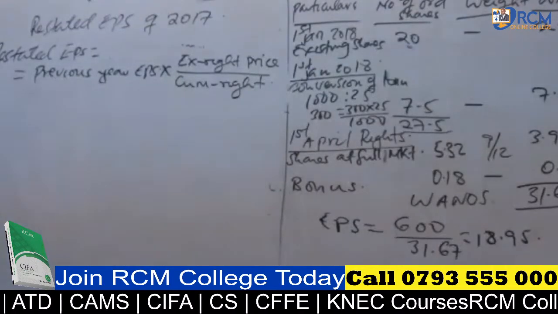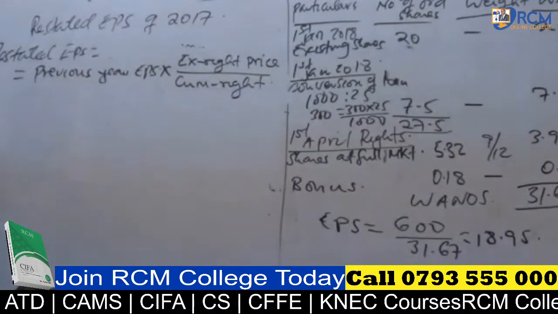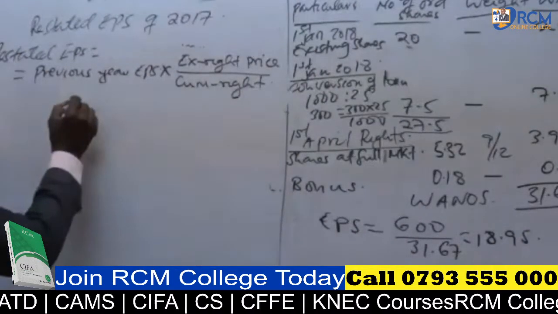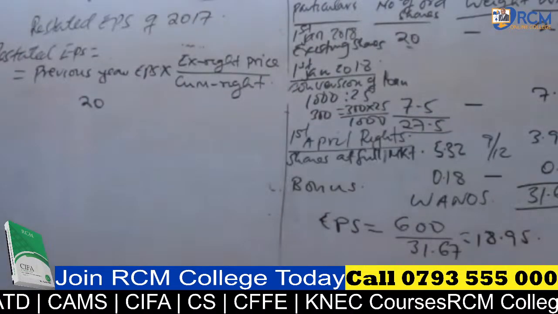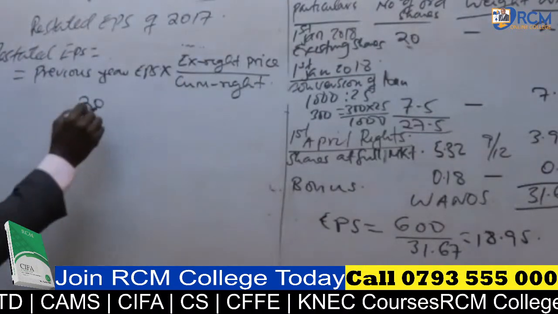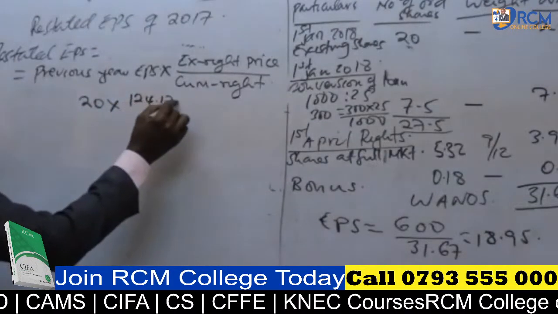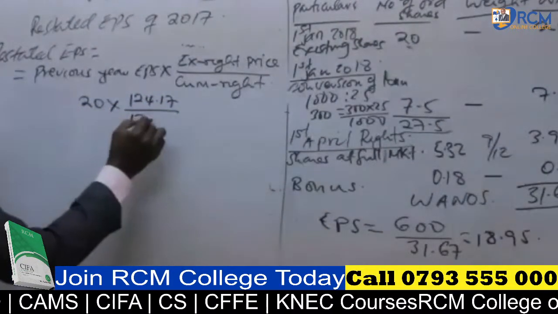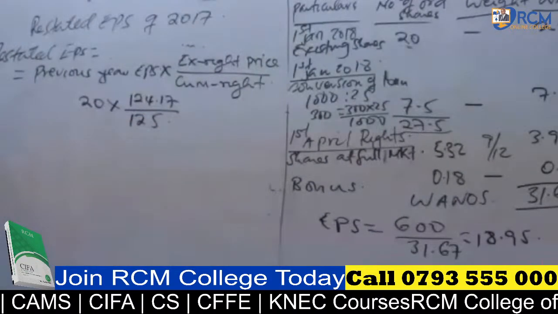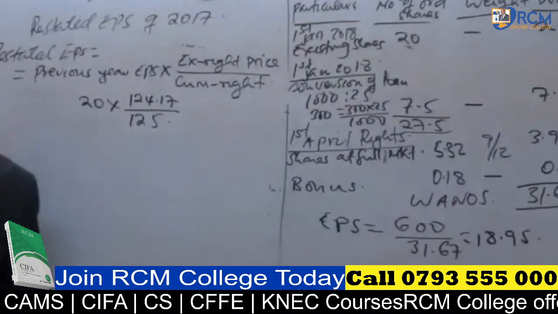Ex-right price divided by cum-right price. Therefore, our previous year EPS was 20. We multiply by ex-right, which is 124.17, divided by cum-right, which is 125. Cum-right price is the existing price before the rights.